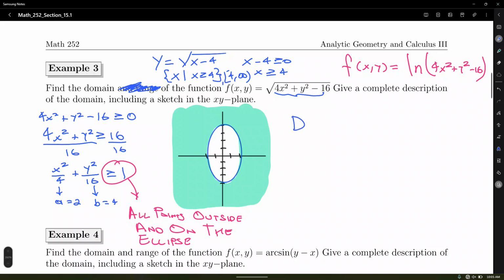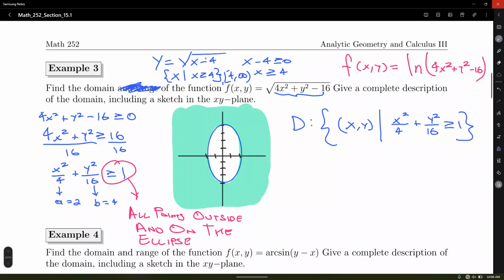Well, the domain, instead of just saying x such that blah blah blah, in this case it's all the ordered pairs x, y such that x squared over 4 plus y squared over 16 is greater than or equal to 1. So let's compare these two.